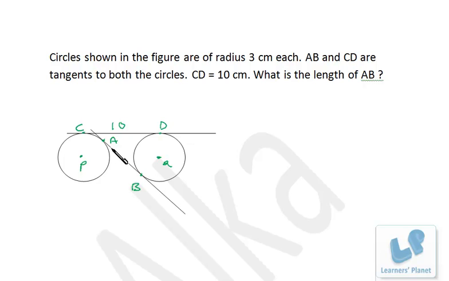Now let's see. What we can do is I drop a perpendicular over here. It will be 90 degrees. Here what I do, I join PA and QB.